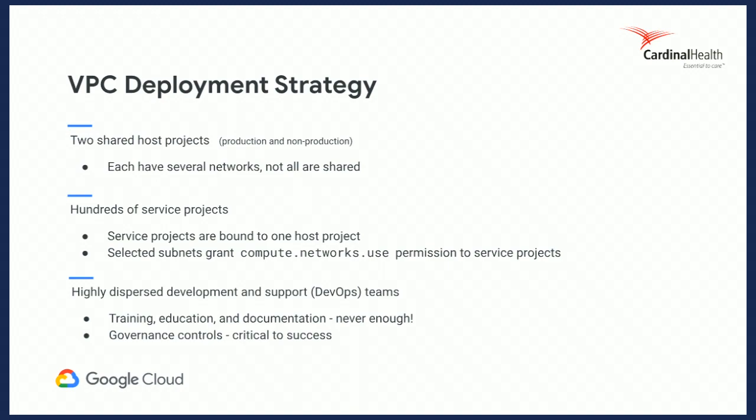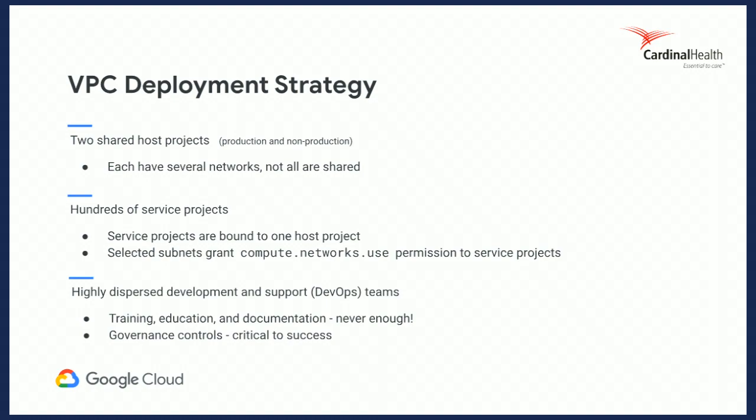And that's good because we have highly dispersed development teams or DevOps teams that have a wide range of skills as well. In some cases, you start mentioning IP and routing and that kind of thing, and their eyes glaze over and they don't want to hear it. I think we've all had experience with that.